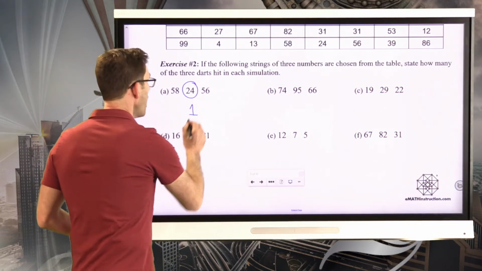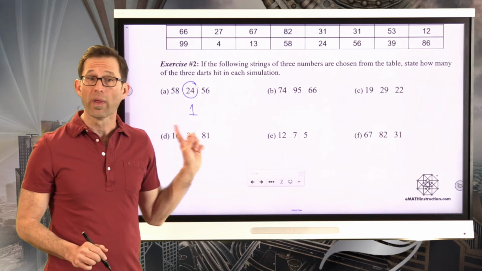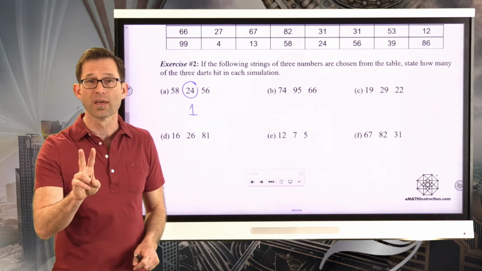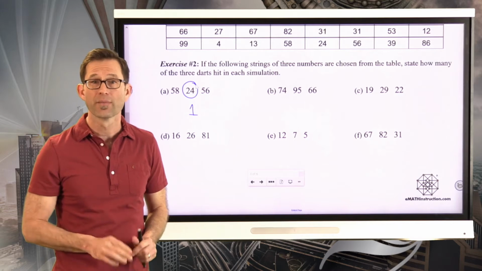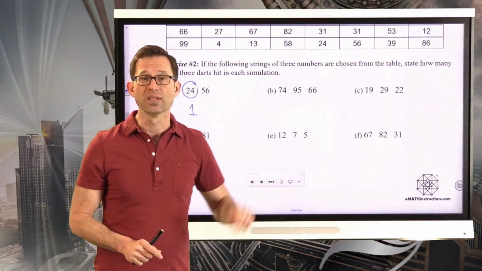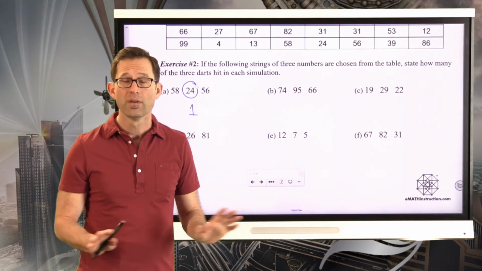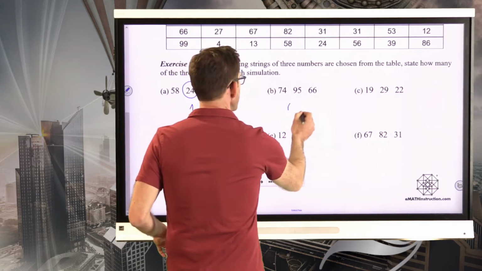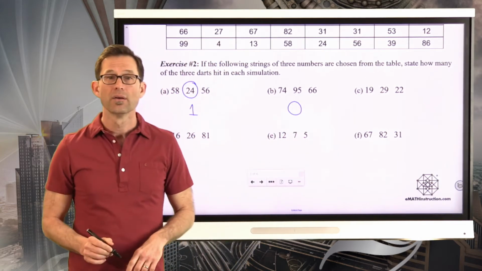Now, by the way, I wouldn't win the game here, right? I'm only going to win the game if I get 2 of the darts in or 3 of the darts in. Well, here, if I read these 3 numbers off, 75, 95, 66, none of them are within the 1 to 30 range, so that would represent 0 darts that hit, right?